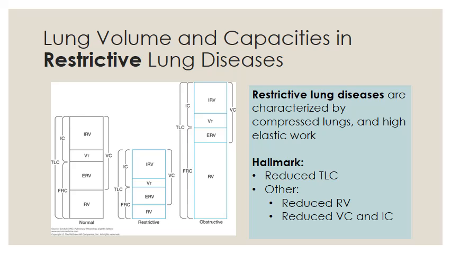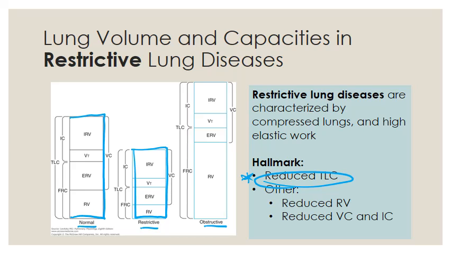Now, the hallmark of restrictive lung diseases is reduced total lung capacity. Please asterisk this. We can see overall that this is fairly apparent when comparing restrictive diseases to somebody with a normal chest wall compared to somebody with an obstructive disease like COPD. It's pretty significant.